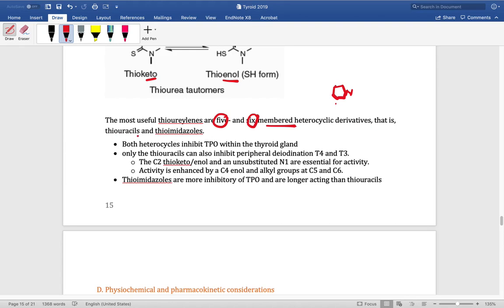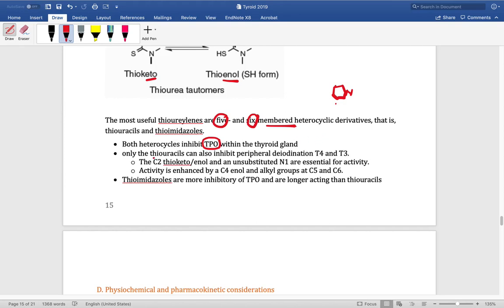So you have thiouracils and thioimidazoles. Both thiouracils and thioimidazoles are going to inhibit TPO within the thyroid gland. What that means is they are going to block the iodination of tyrosine residues within the thyroid gland.